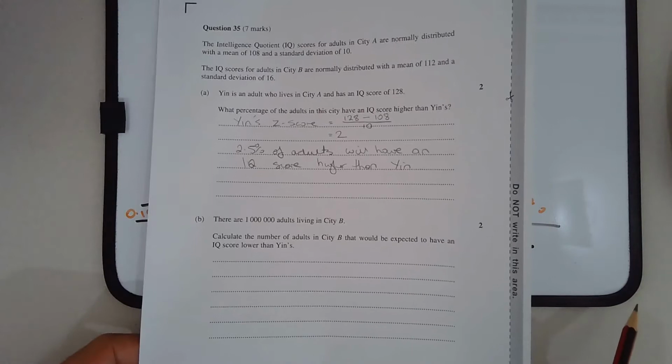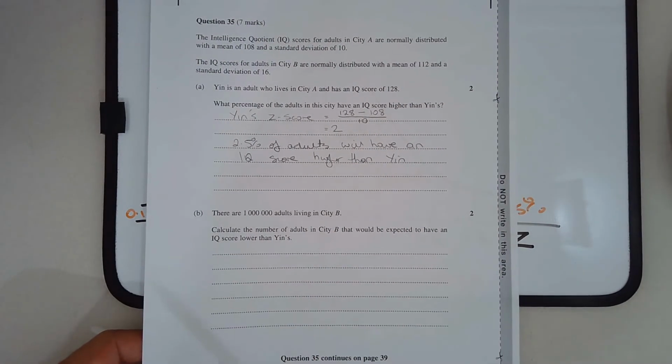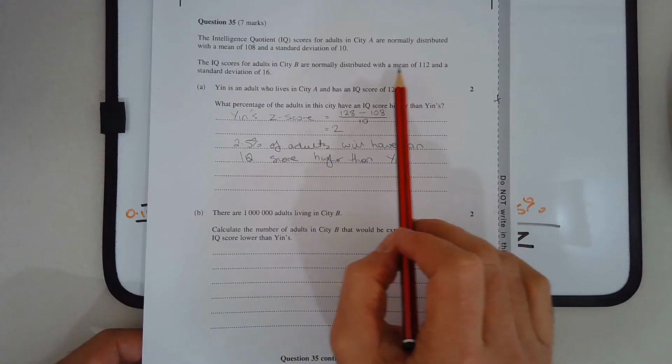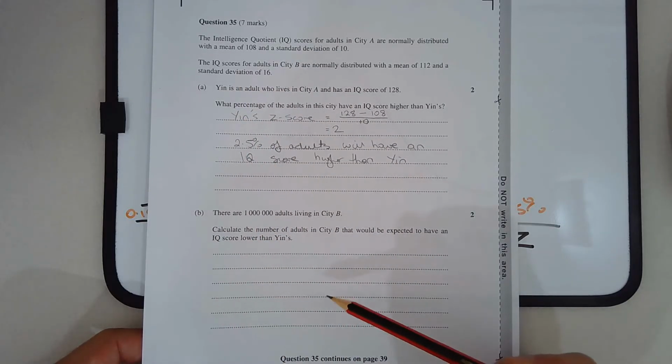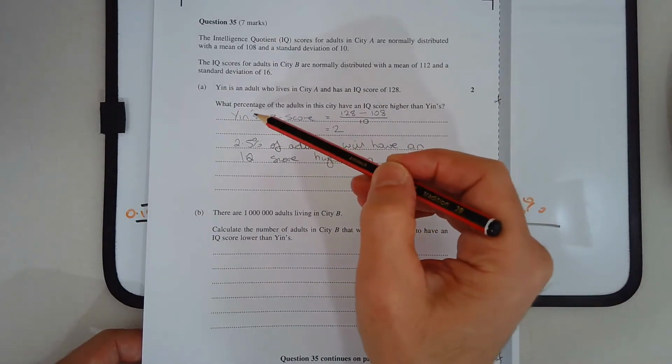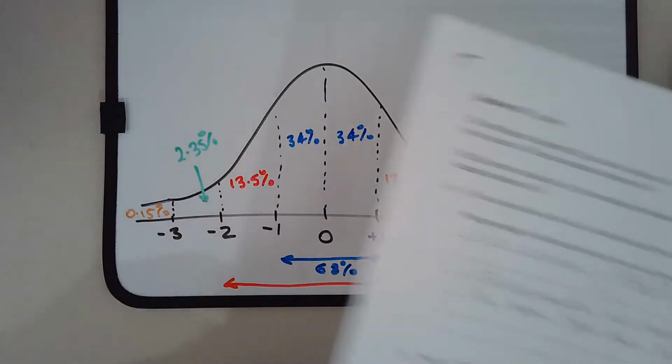So I'll go back to the question there. Now we're dealing with City B, so mean of 112, standard deviation of 16. So we're going to have to recalculate Yin's Z score for City B. It's not necessarily going to be the same as City A. In fact, it won't be.